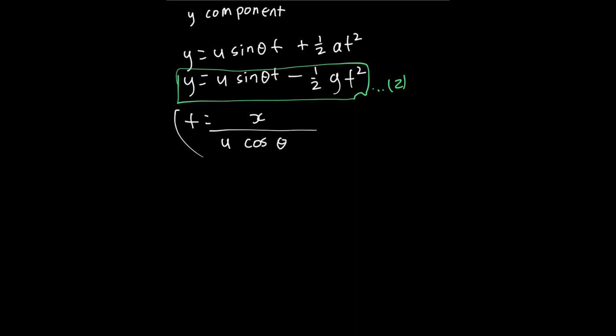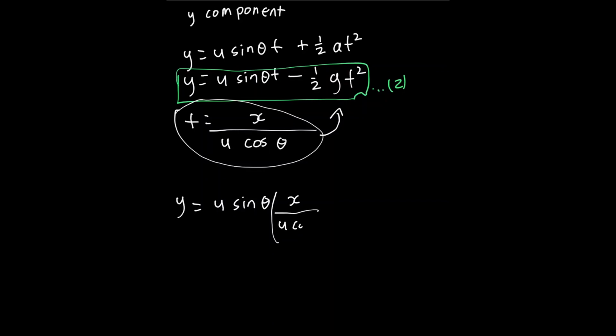So we sub this into that, and we get y is equal to u sine theta x over u cos theta minus a half g, and here we have x squared over u squared cos squared theta.